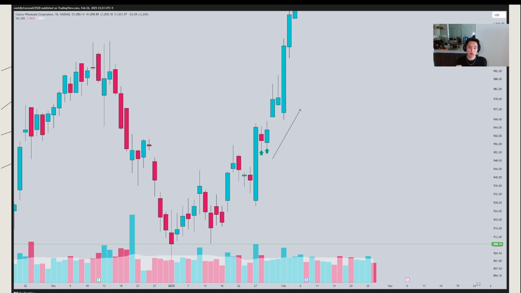You have to remember that price action tells a story of a battle between buyers and sellers. Now, when you see these inside bars and consolidation, this tells you that buyers and sellers are slowly accepting that this stock, this is Costco here, is okay to trade at these new prices.